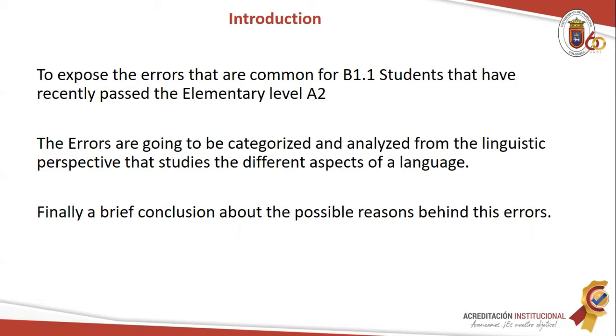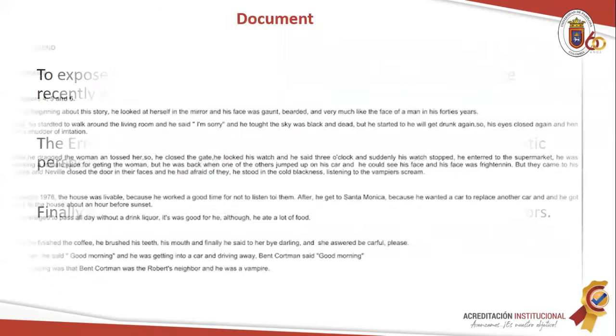Also, the errors are going to be categorized and analyzed from the linguistic perspective that studies the different aspects of a language and that are immersed in the utterances of a foreign language student at the moment of acquiring the target language. Finally, a brief conclusion about the possible reasons behind these errors.